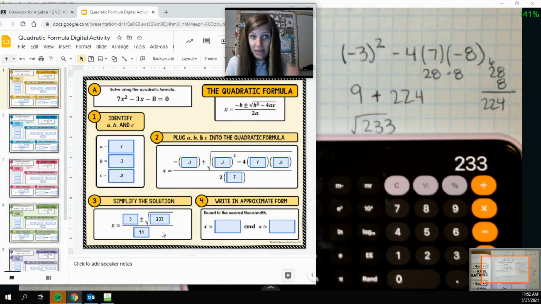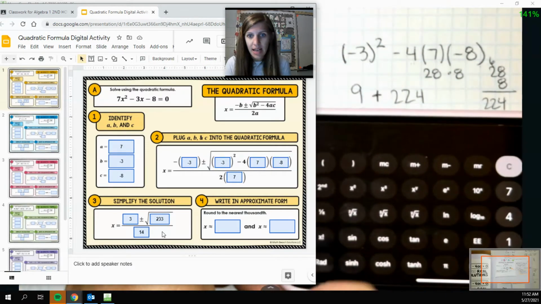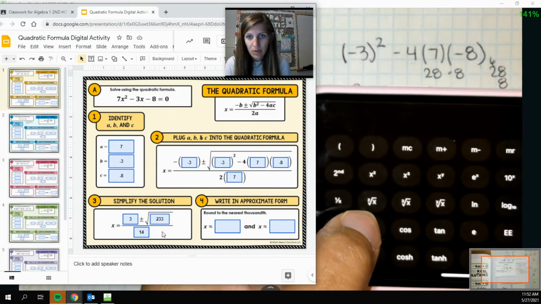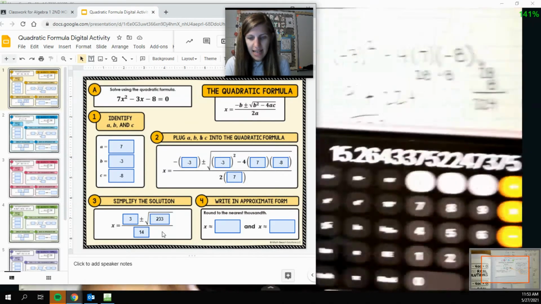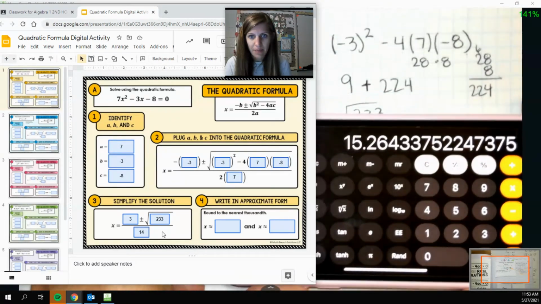And I know we were being lazy in class and not taking the square root sometimes, because sometimes I prefer to not have a decimal, but sometimes we want a decimal. So we got to know how to do both. So I type in the 233, and if we're on the iPhone, there is a square root button with the little 2. And so I hit that, and it takes the square root for me.